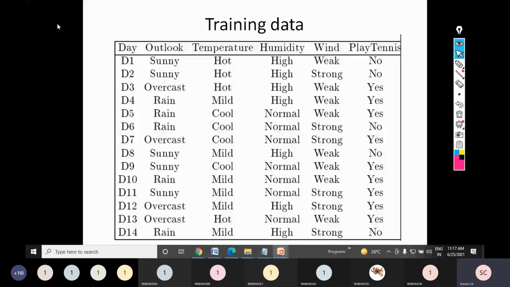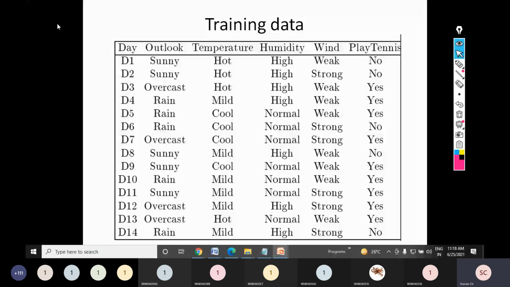In the original data, a lot of records can come. One sample record we used just now to solve our problem, where outlook was sunny, humidity was high, temperature was cool, and wind was strong, and our Naive Bayes classifier told that this fellow will not go for playing tennis.